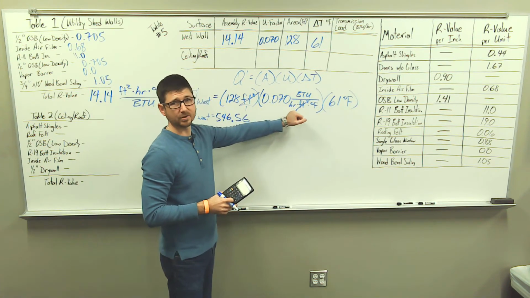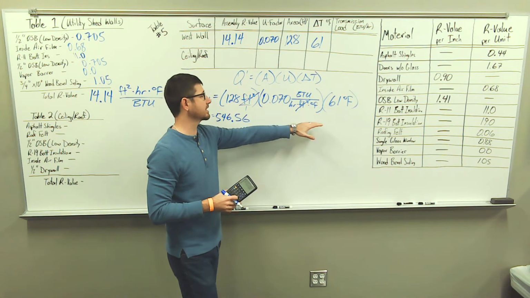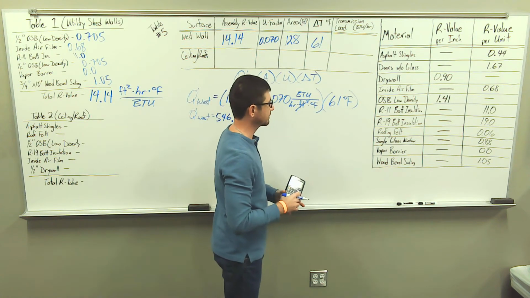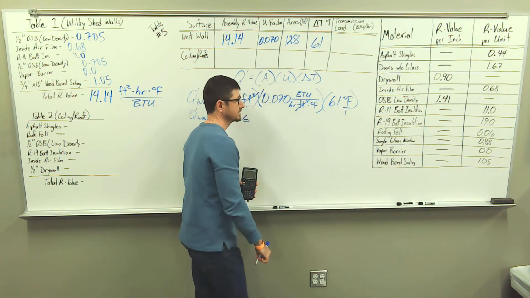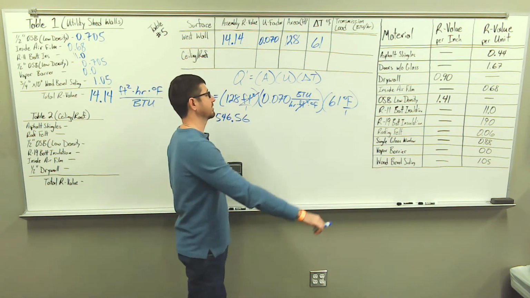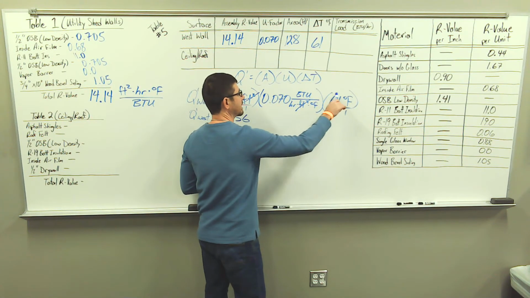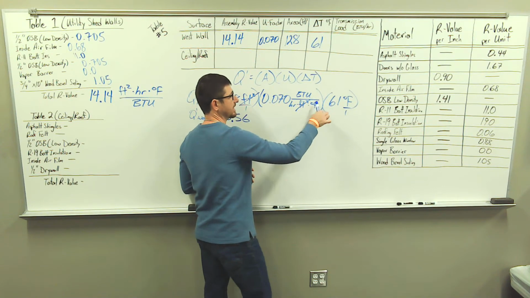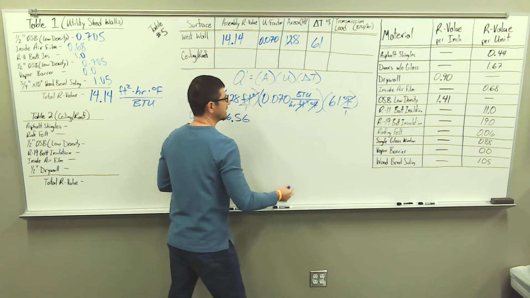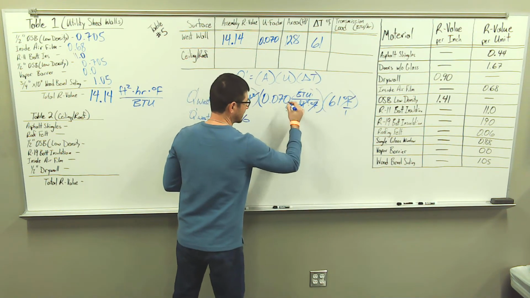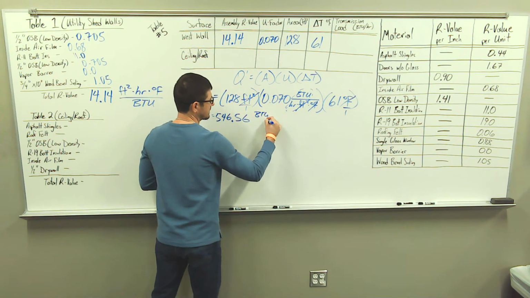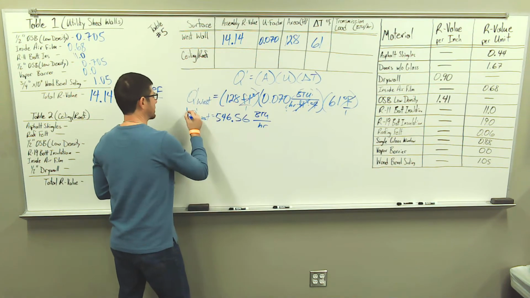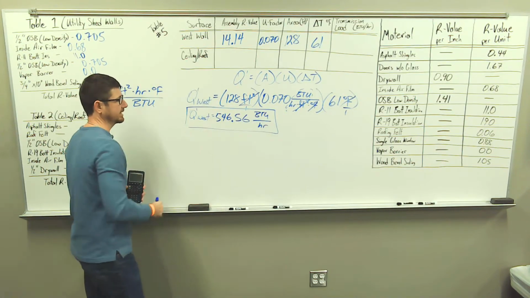Next, I have British thermal units per hour degree Fahrenheit, and we're multiplying by degree Fahrenheit, which we can write as degree Fahrenheit over 1. So I have a degree Fahrenheit in the numerator and another one in the denominator. Those will cancel, leaving me with units of BTUs per hour. And that's right where we want to be. That is what we need.